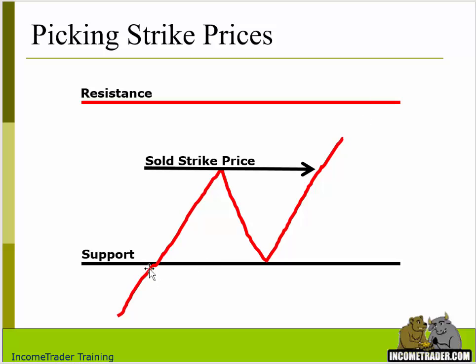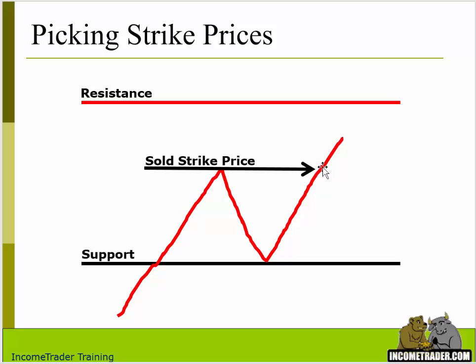The stock heads up, up, up, heads above support, moves up slightly, comes down, and it confirms that it's going to hold that support area and starts moving back up again. Now, this is where we say, here's the resistance where the stock will probably hit a high point and then generally start to roll over.